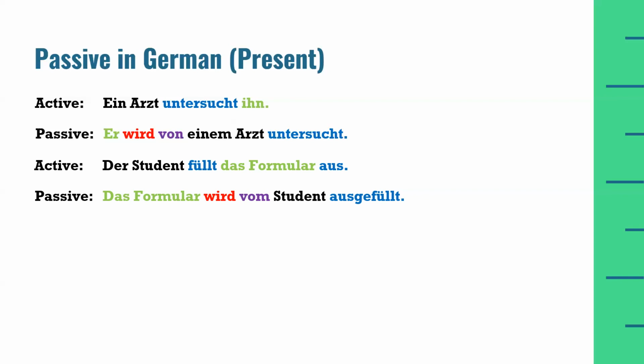Now who is filling that form is the subject of the active sentence. We have to use it after von, and because von is a dative preposition, the article der of der Student will become dem Student, because the definite article for a masculine noun in dative case is dem, and we have used here a short form of von dem, which is vom.